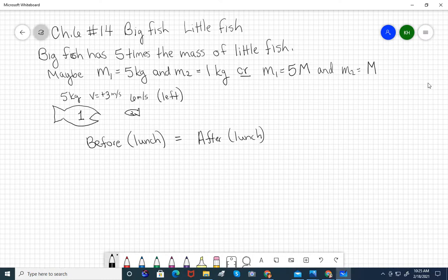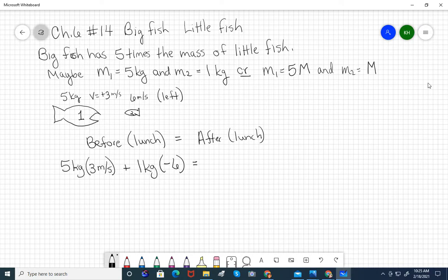I have a 5 kilogram fish that's traveling 3 meters per second. That's m times v. That's the momentum of the big fish. And I have a 1 kilogram fish that's traveling negative 6 meters per second. If you're traveling to the left, then your speed is negative.